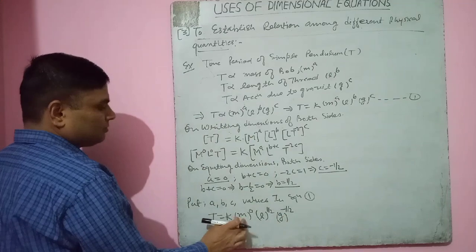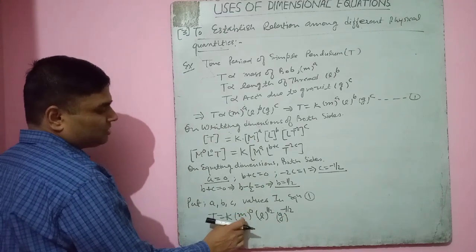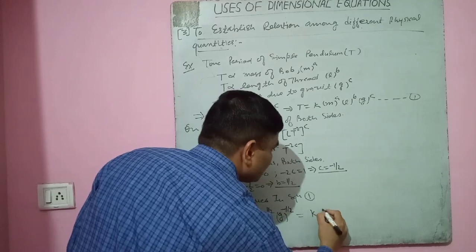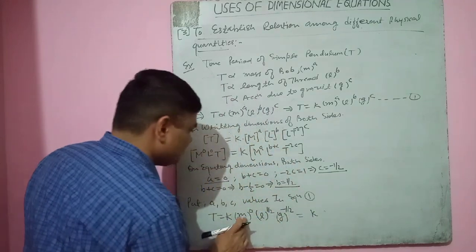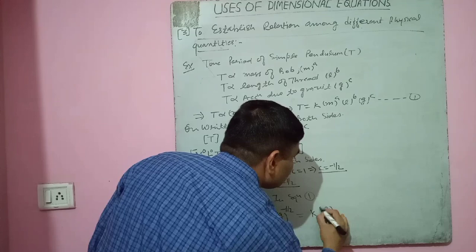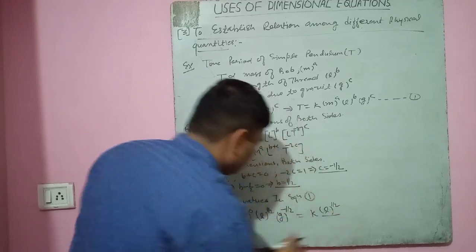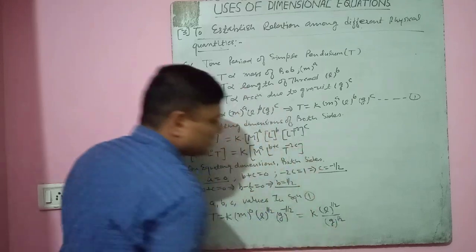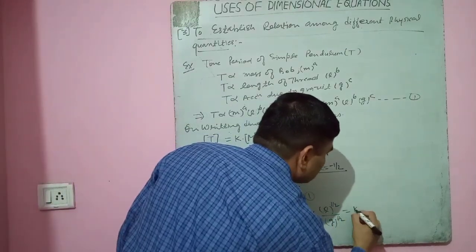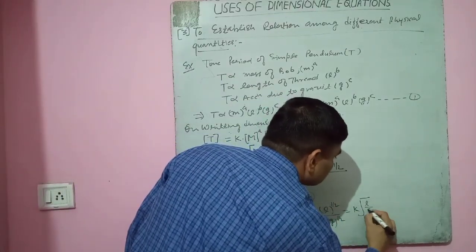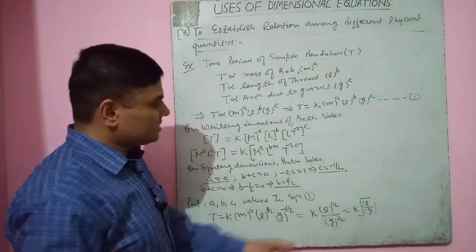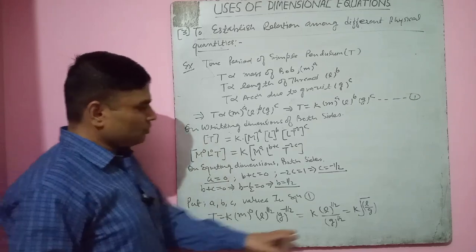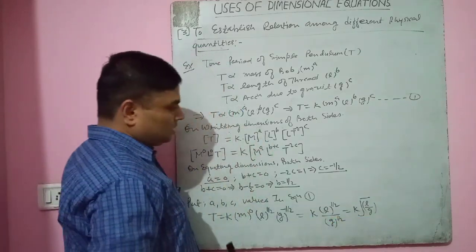So M to the power 0 becomes 1, it will become K into 1, L to the power half over g to the power half, and it will become K into under root L over g, because half means square root. So T equals K into under root L upon g.